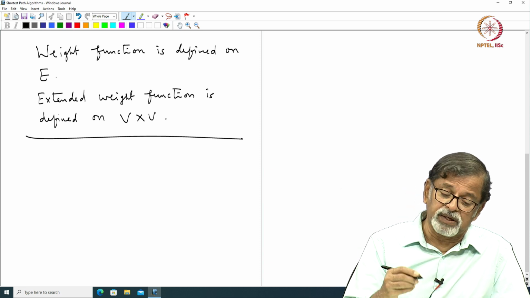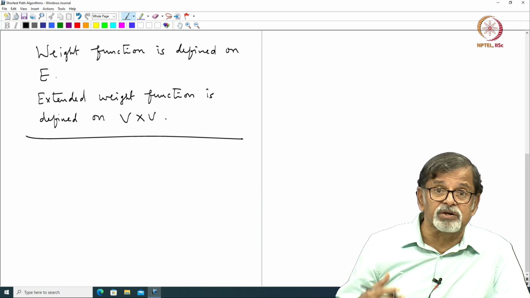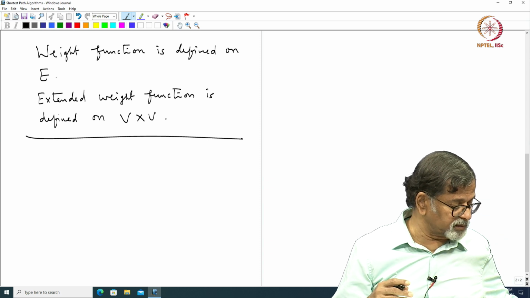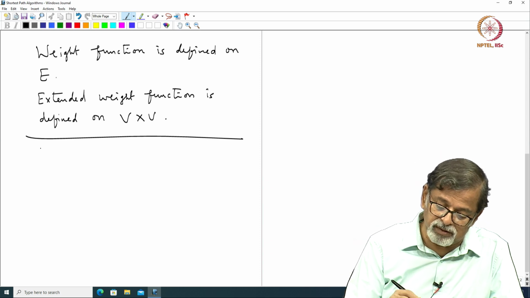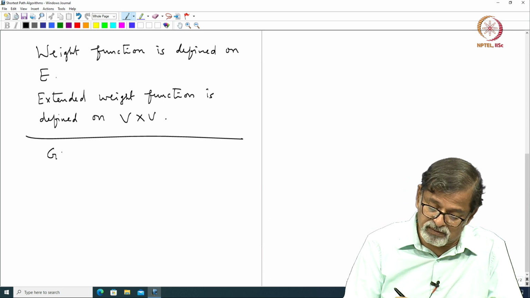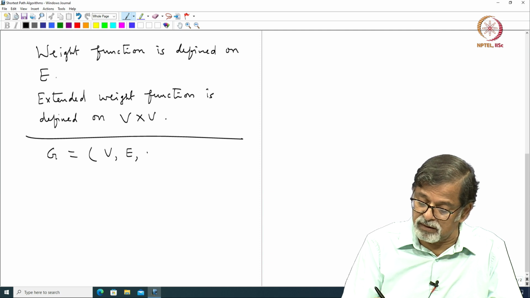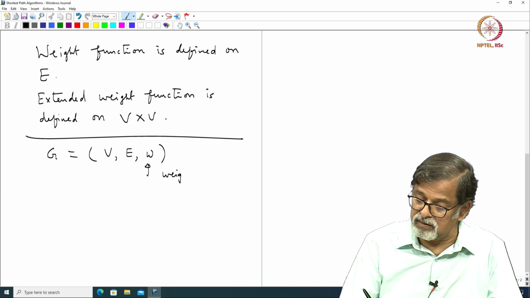We can now define the notion of walk and path. We denote an edge weighted directed graph as V, E and W. This is the weight function.